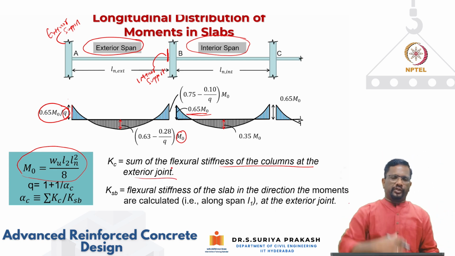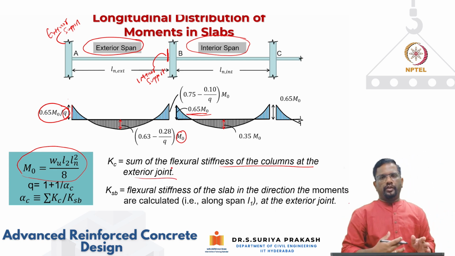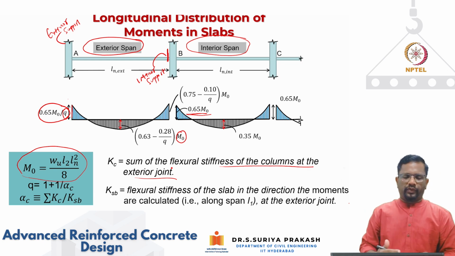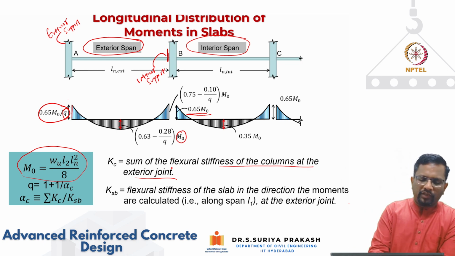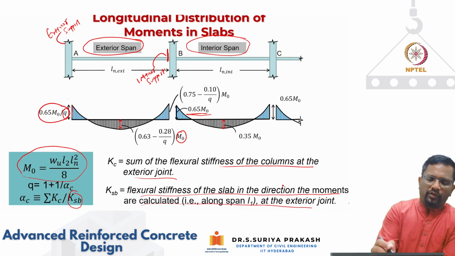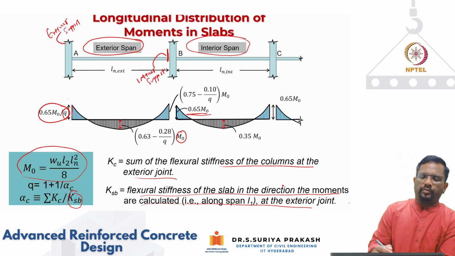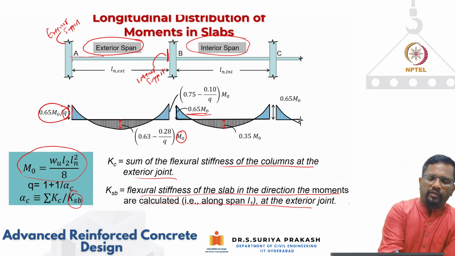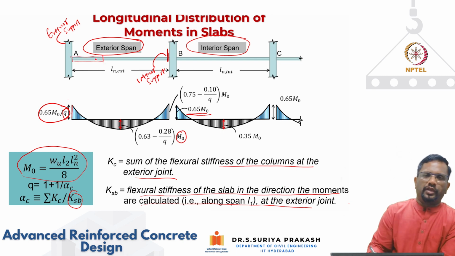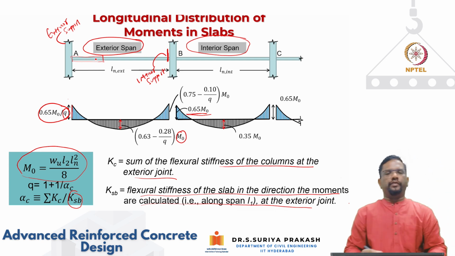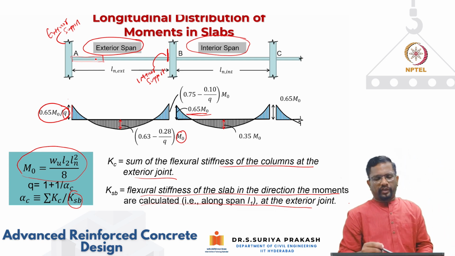How many columns do you have? Columns or walls. If you have a shear wall at the exterior, we need to include that as well. Similarly, what is KSB? KSB is the flexural stiffness of the slab in the direction in which the moments are calculated. In this direction, whatever the flexural stiffness of the slab is, I need to consider it in the stiffness calculation. We will see numerically how to calculate this value.